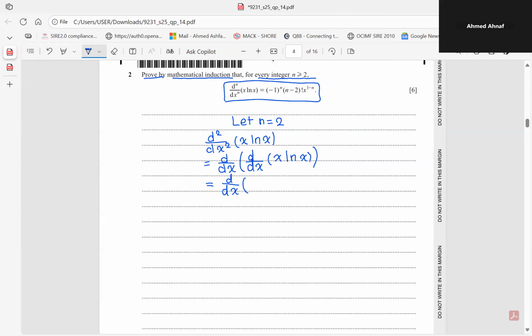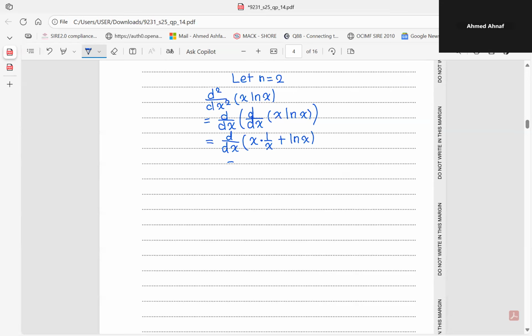Okay, so first we keep x, multiply the derivative of ln x, that's just 1 over x. Then we add the derivative of x, that's 1, and keep ln x. So this will give us d/dx is 1 plus ln x. And now to differentiate this, you differentiate each term separately. So d/dx of 1, that's 0, and then ln x, that's 1 over x.